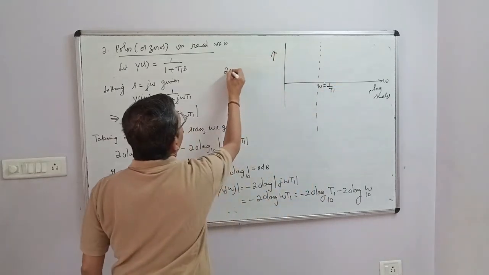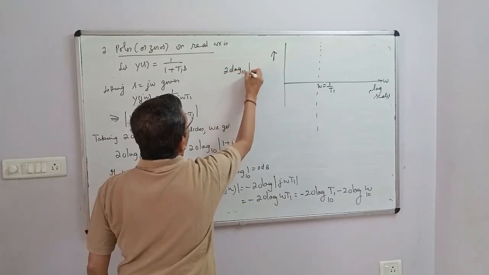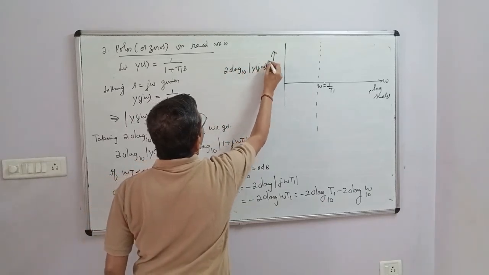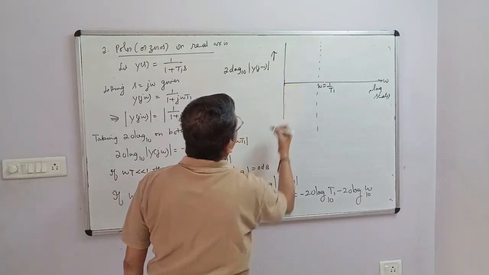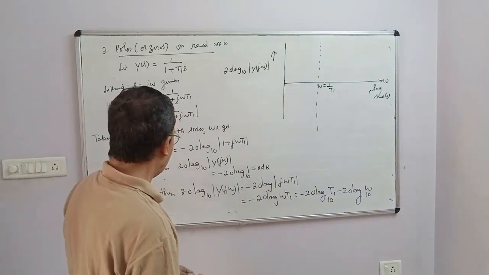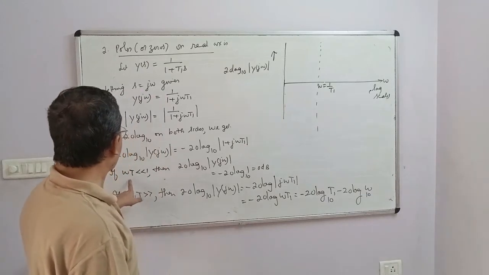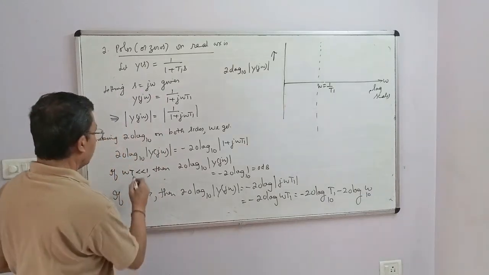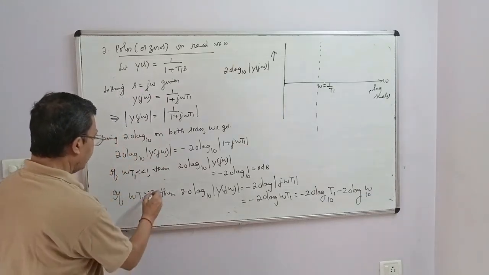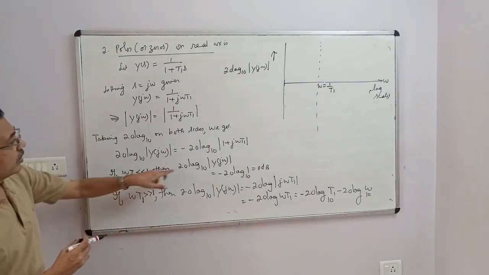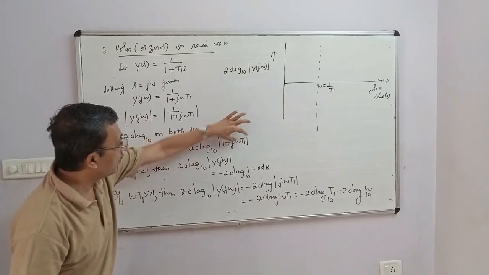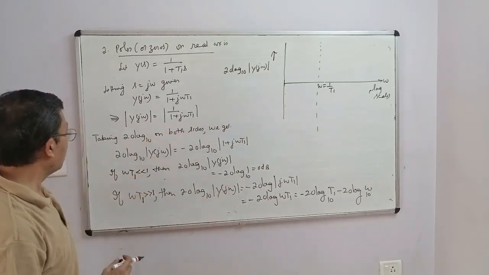Y-axis is 20 log to base 10 magnitude of y of j omega. For omega less than 1 by T1, if omega T1 is very much less than 1, then we neglect omega T1, and you get 20 log of 1 is equal to 0 dB.